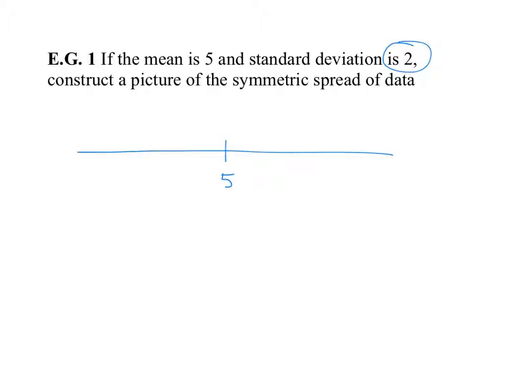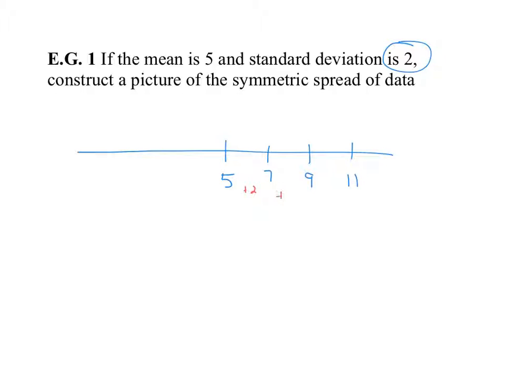So starting at 5 and going above 5, or above the mean, we're going to add 2 to make the next marker, which is a value of 7, and then we add 2 again, which is your standard deviation, to get the next value of 9, and we add 2 again to 9 to get 11.